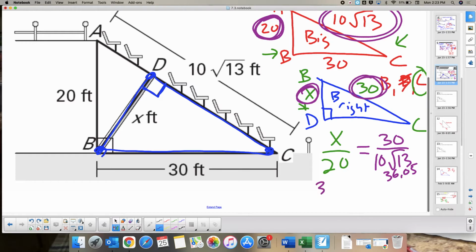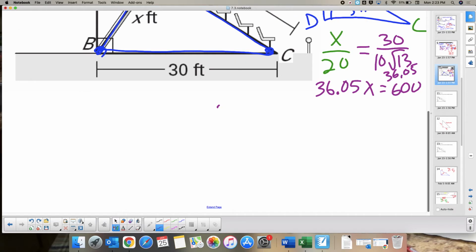So I have 36.05 times X equals 20 times 30 is 600. And now we divide. We get 16.64 as our answer.